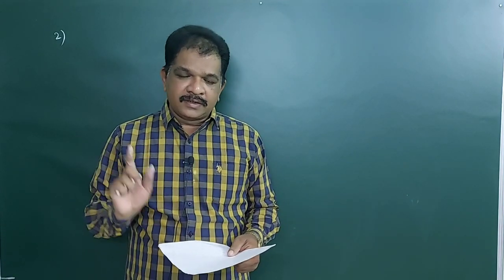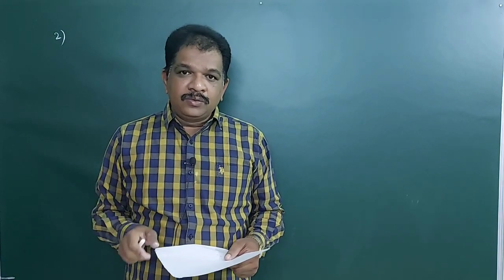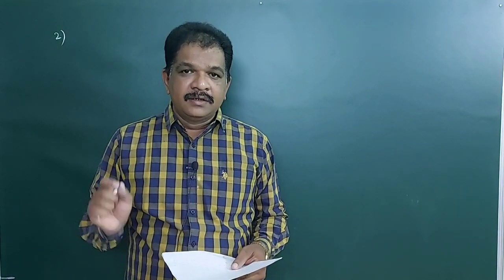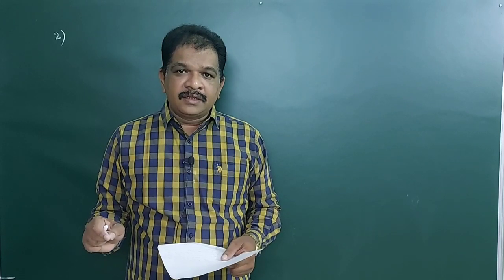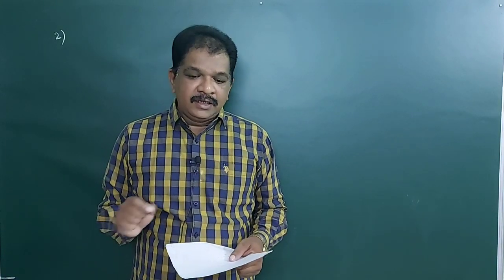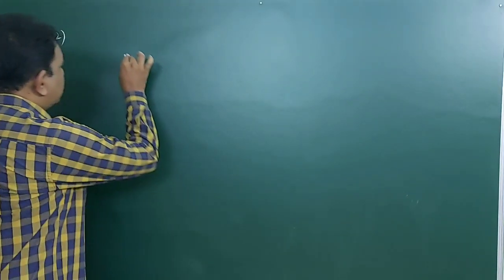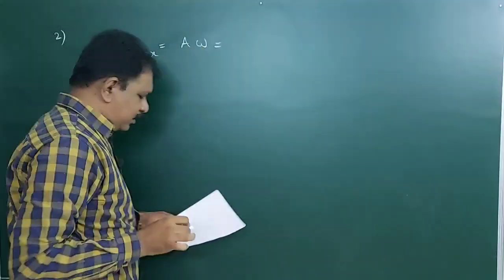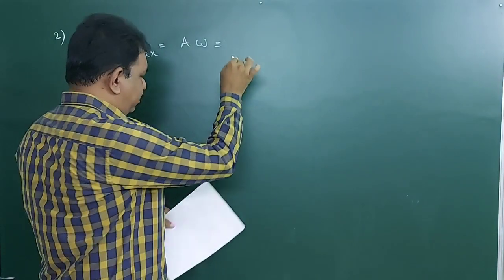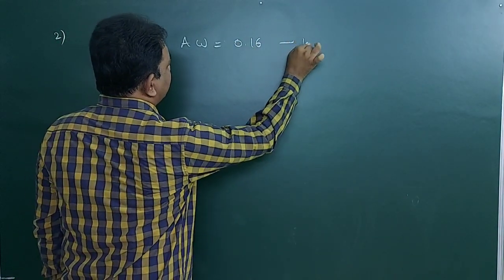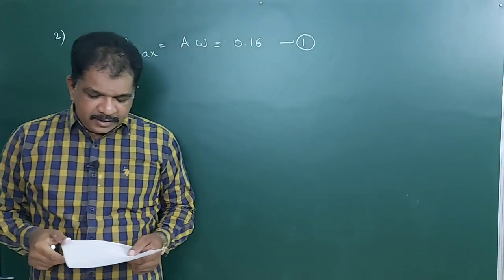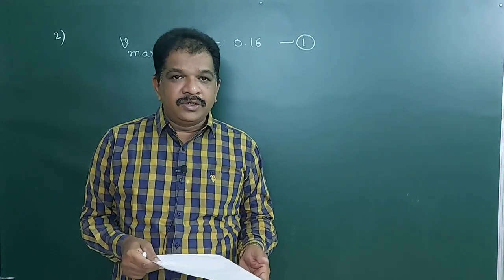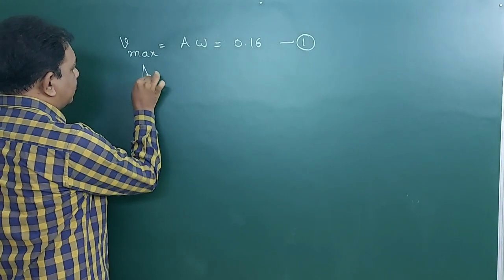When the body is at the mean position, velocity will be maximum. So the maximum velocity will be aω. That value they gave as 0.16. And it goes 0.02 meter either side of the mean position, means amplitude.